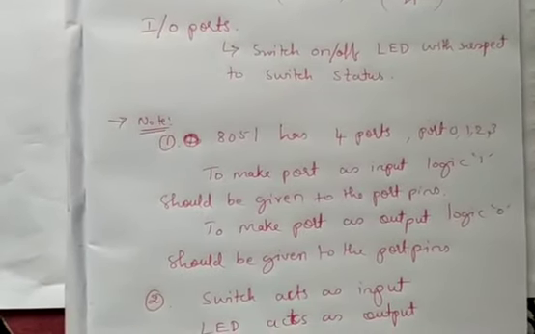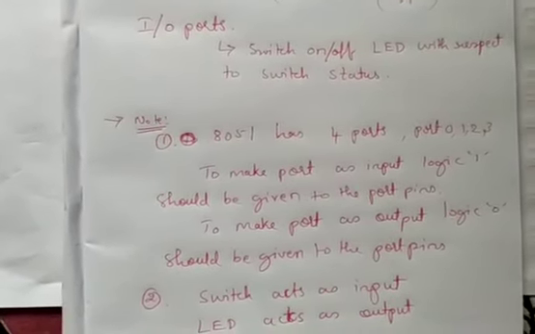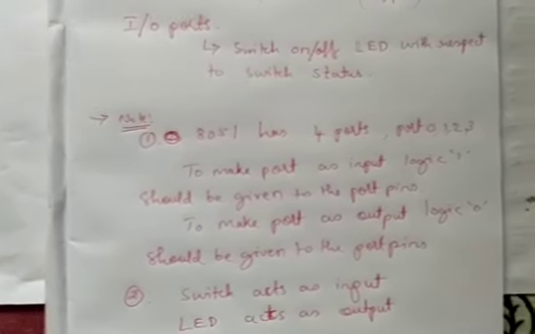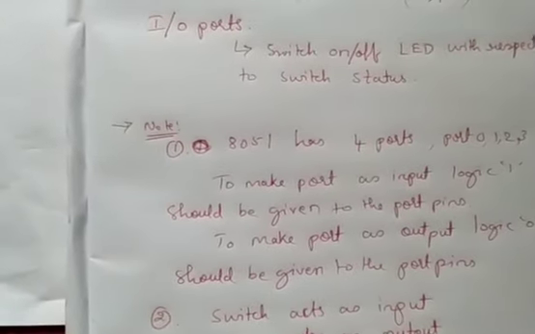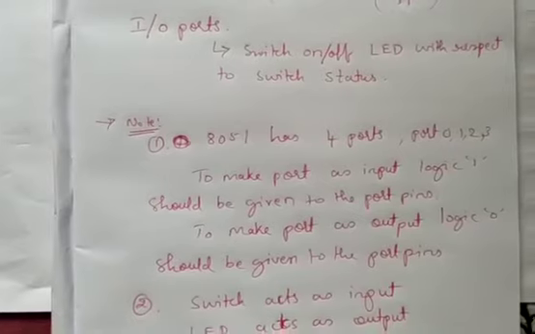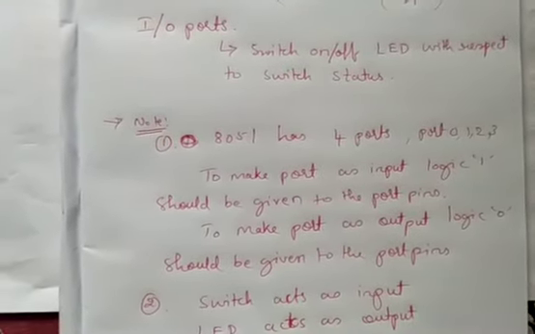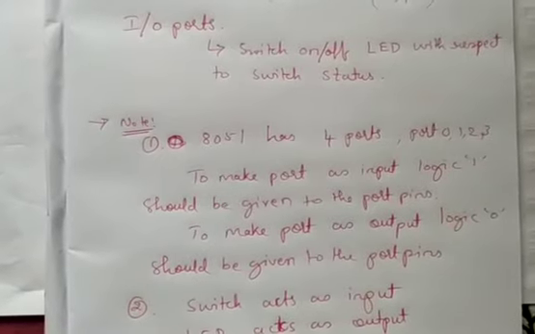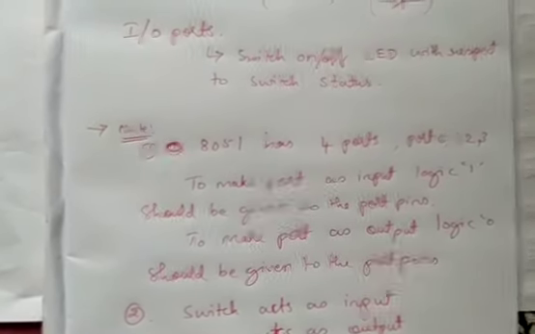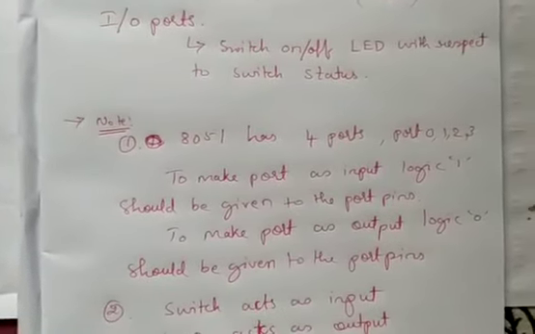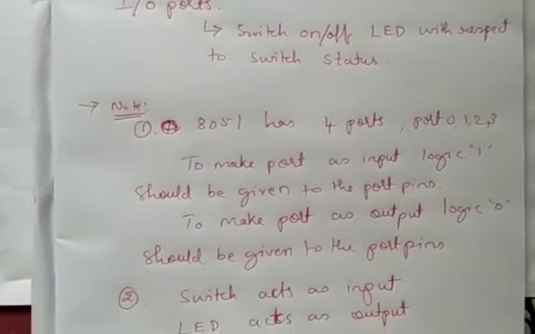Similarly, if I want port 1.2, that is the second pin or the third pin of port 1, to be an output, then logic 0 should be given to port 1.2 through the program. So that is the basics of how we make the ports input or output.